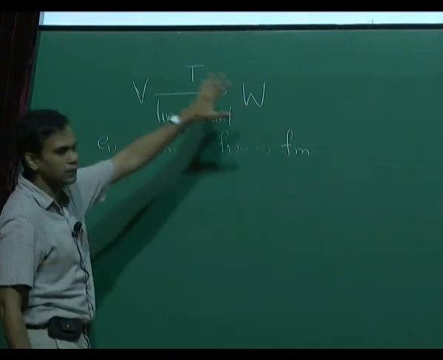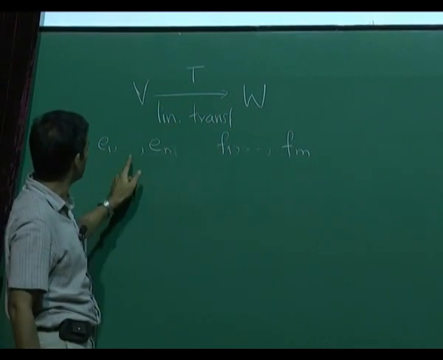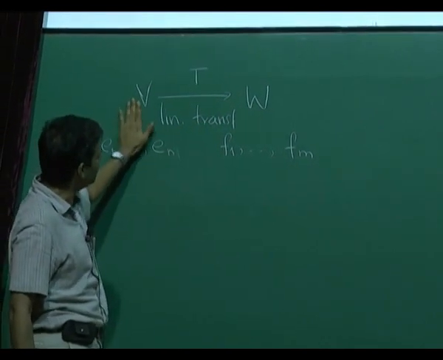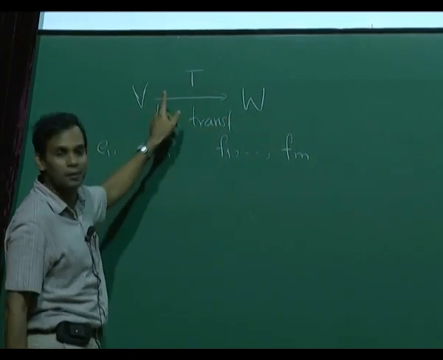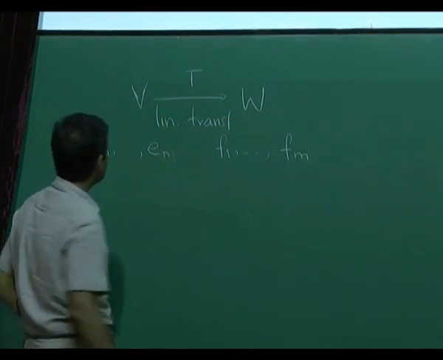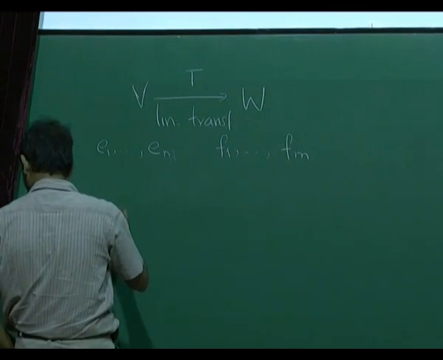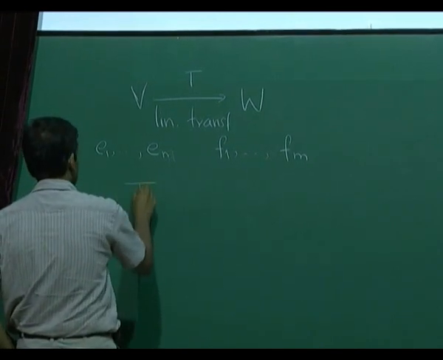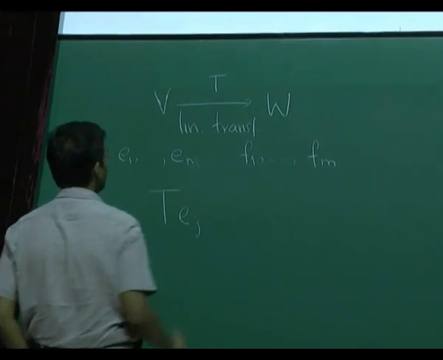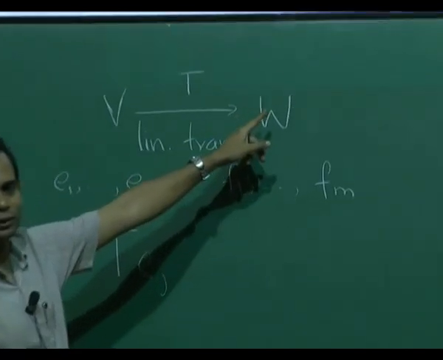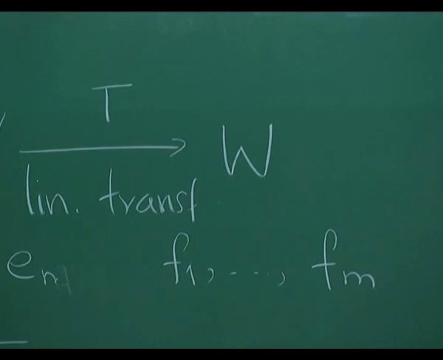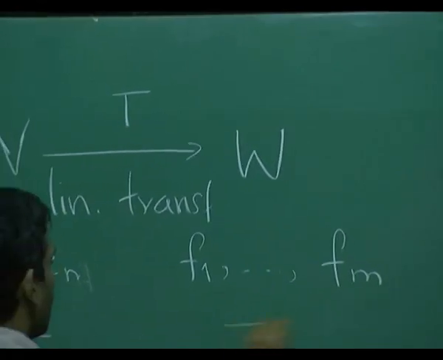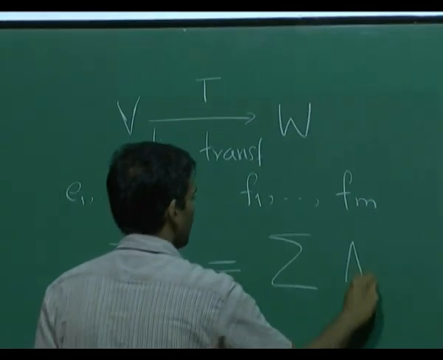Then given this much data, a linear transformation, a basis of the domain and a basis of the codomain, you can associate to T a matrix. That is, you look at T of ej, a vector in W. You ask what its expansion is with respect to this basis, and you call those coefficients aij.